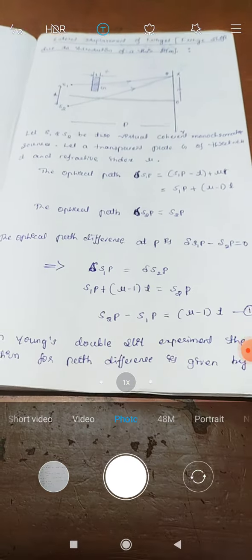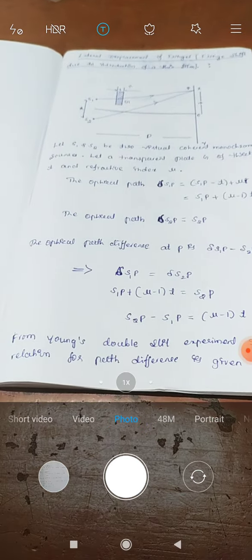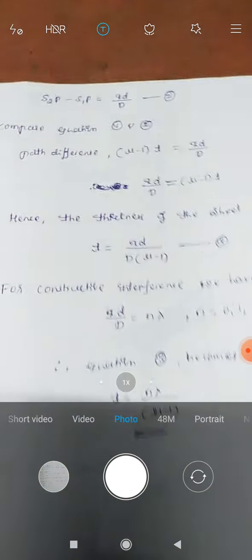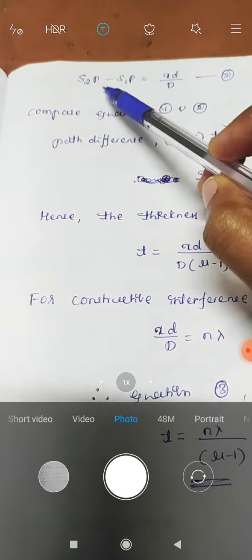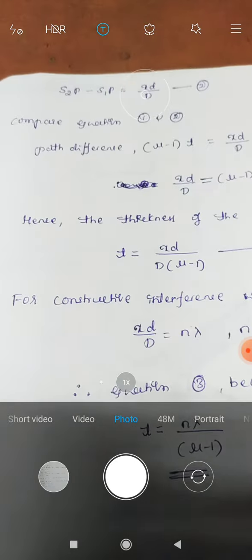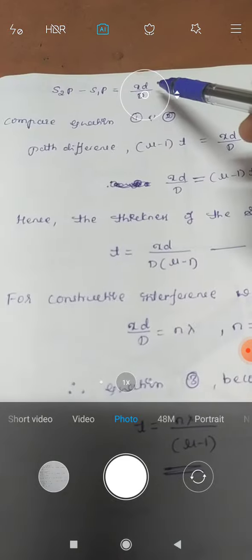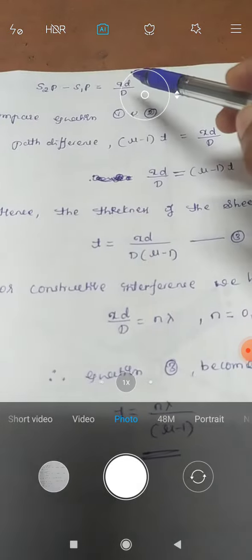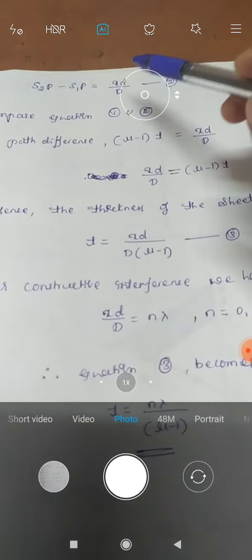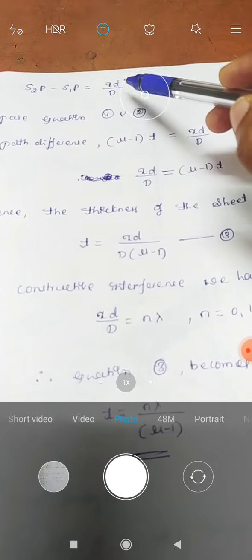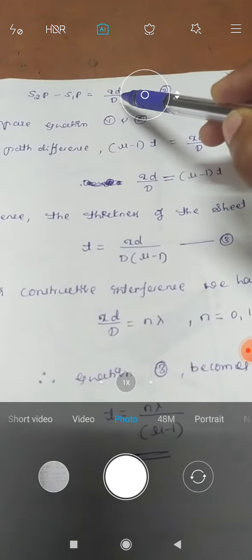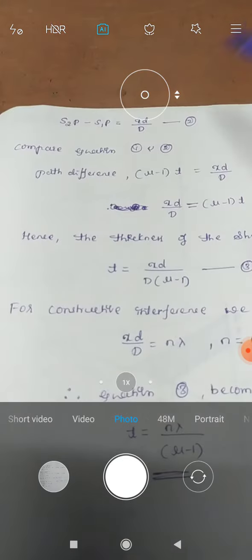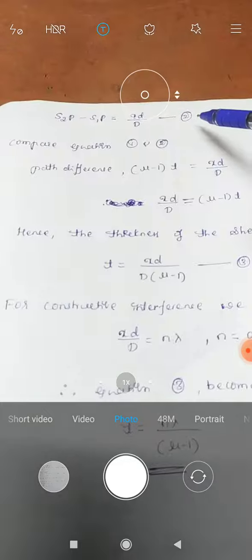From Young's double slit experiment, the relation for the path difference is given by S2P minus S1P is equal to x d by D. Here x is the distance between the fringe and the central bright fringe, d is the distance between the two slits, and capital D is the distance between the slit and screen.